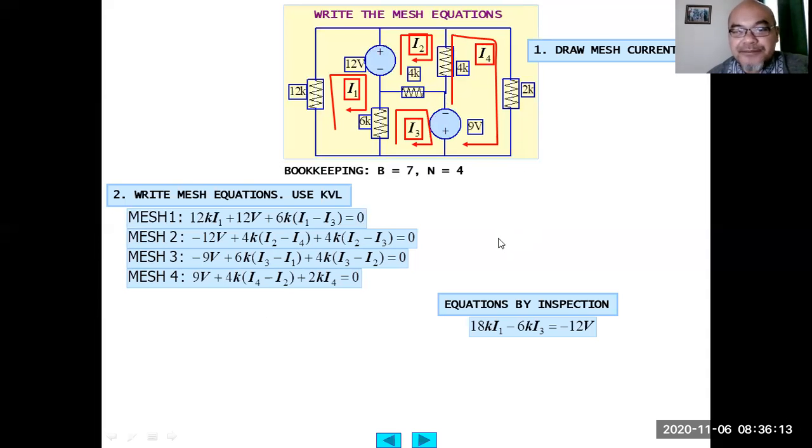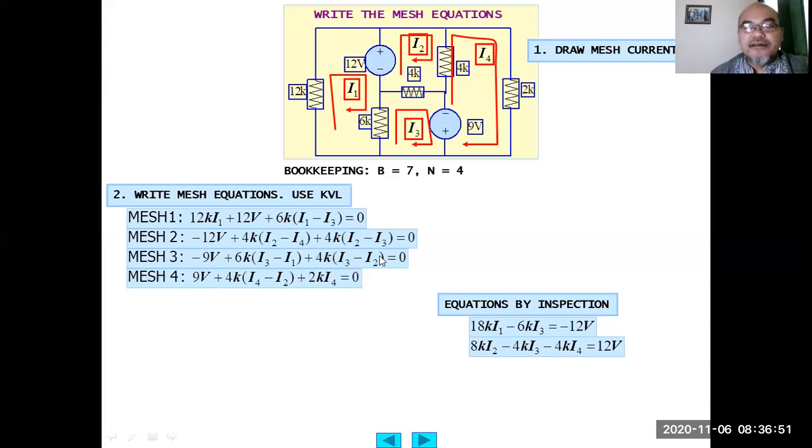So which one here? 18K I1, negative 12 volt is this one here. This is loop 1. Is it from this equation?